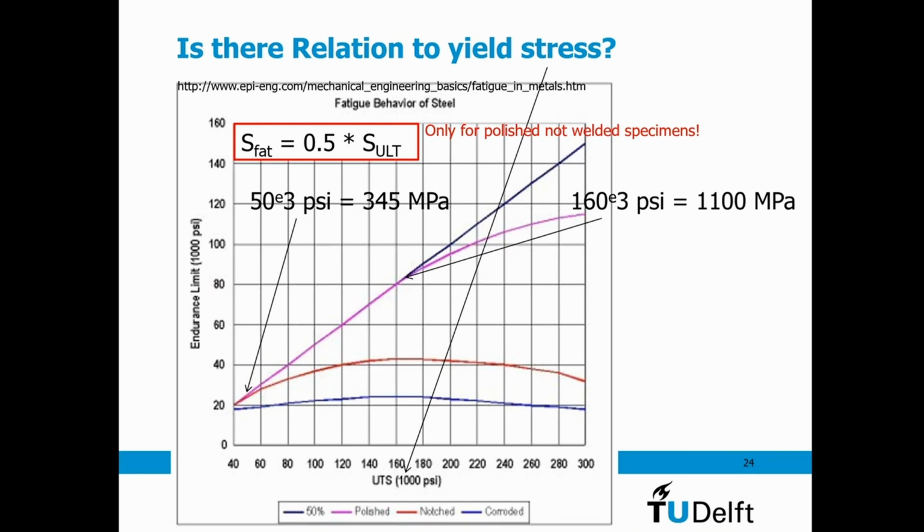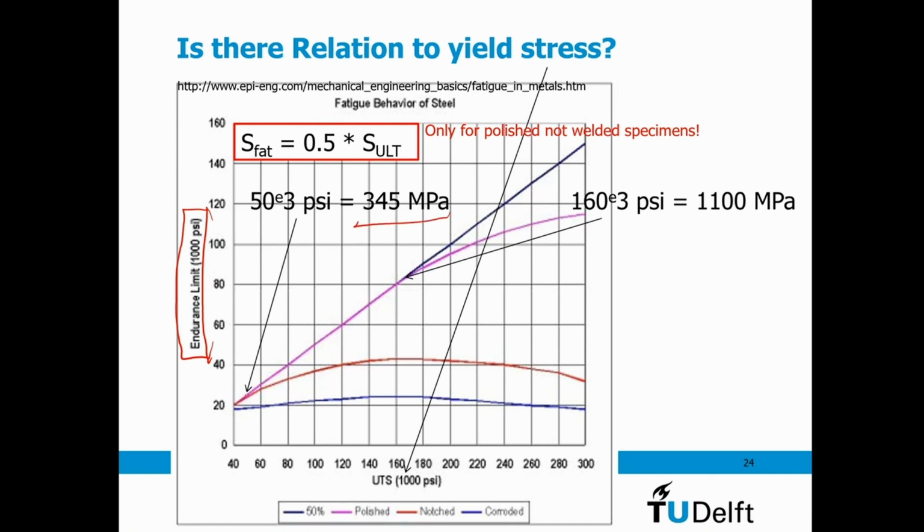Turns out to be this is a curve for steel of different types with different yield limits. So I have fat classes, the endurance limits here in number in PSI. Yeah, it is an American graph. But the most important thing, I transferred these into megapascal.